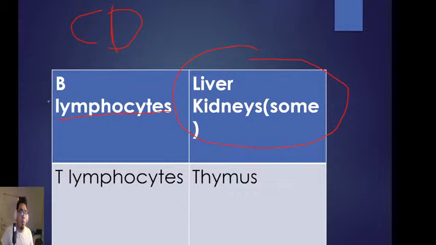Huwag niyong kakalimutan yan, ang pinaka-important. Pagka nag-aral kayo ng hematology, there will be questions in the exam. I remember I created a question for my students last semester. It was a case presentation. Student, you are working as a lab assistant in a flow cytometry lab.